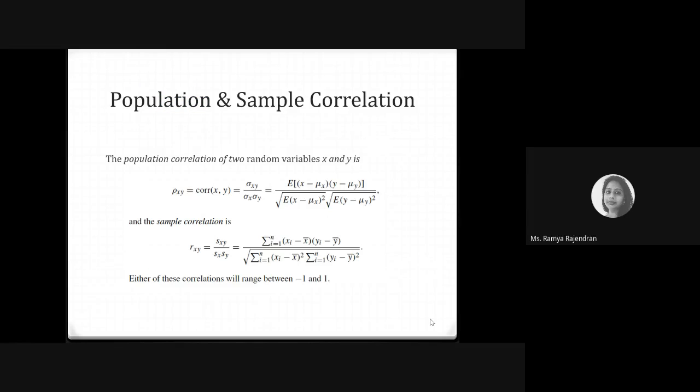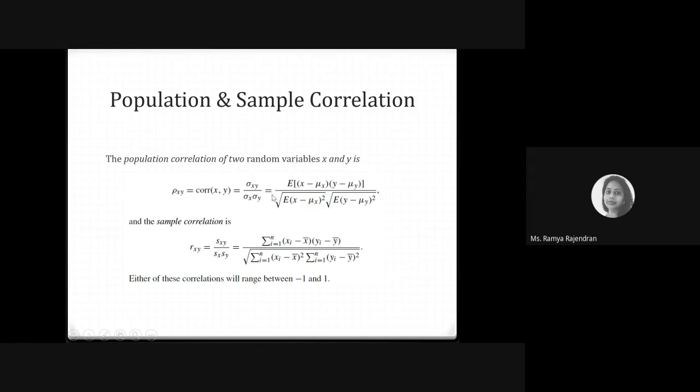We have been discussing how to calculate the population mean and sample mean, right? The same applies here for population correlation and sample correlation. The population correlation is denoted by the symbol rho xy, whereas the sample correlation symbol is rxy. We always know the correlation formula is covariance between x and y divided by standard deviation of x multiplied by standard deviation of y.